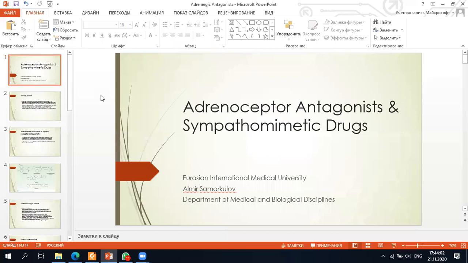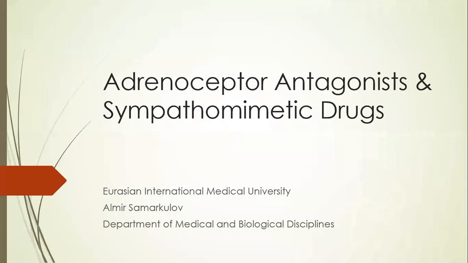Now we have adrenergic antagonists and sympathomimetic drugs. But what does adrenergic mean? There are some special types of receptors which are mainly related with the blood pressure and heart rate.